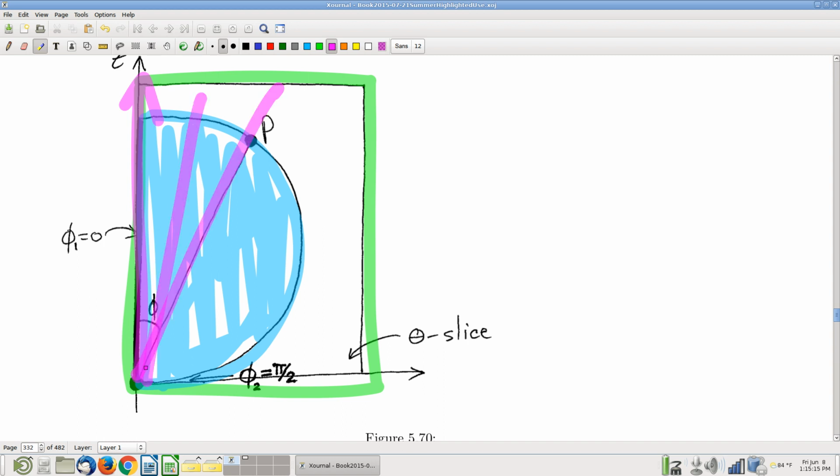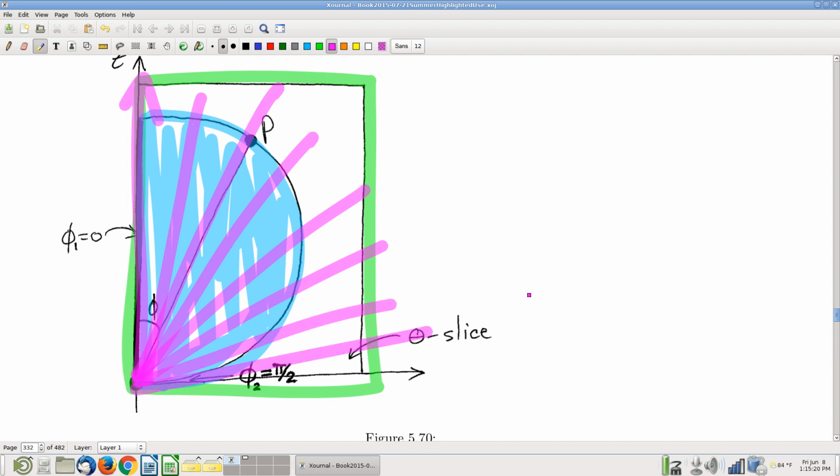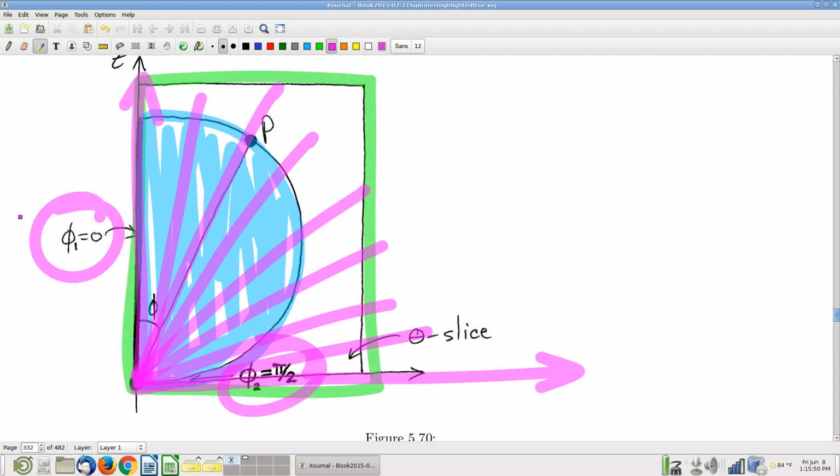Here are increasing values of phi. Note phi slices are just straight lines emanating out of the origin, right? And you keep getting cross sections until pi over 2. Your last slice, after which you're just cutting air, swing and miss, is at pi over 2. So phi goes from 0 to pi over 2.